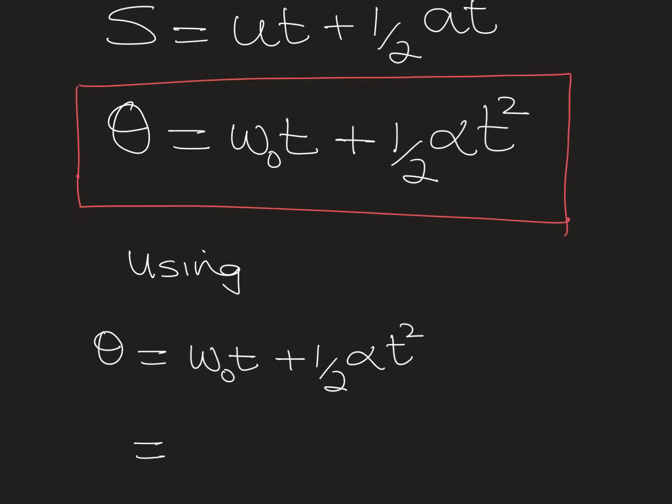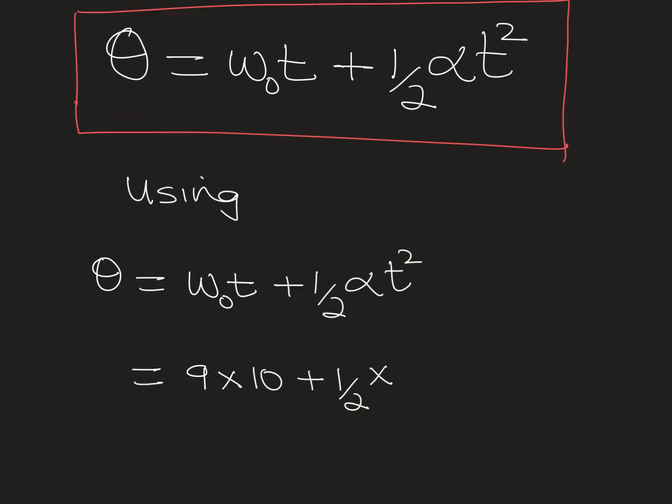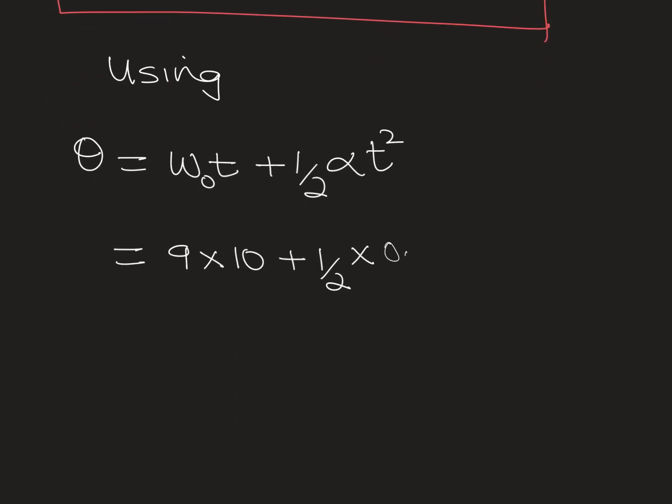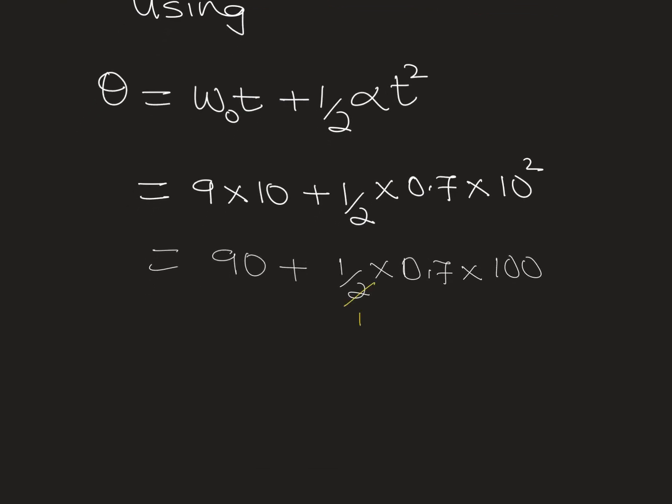It is 9 radians per second, so that will be 9 multiplied by the time, 10 seconds, plus half multiplied by the angular acceleration, 0.7, then multiplied by 10 squared. So 9 times 10 is 90, plus half multiplied by 0.7 multiplied by 10 squared, which is 100. So half of 100 is 50.